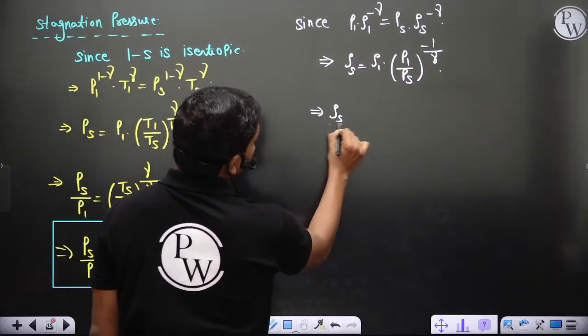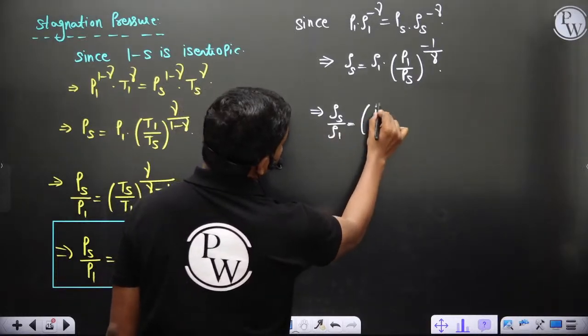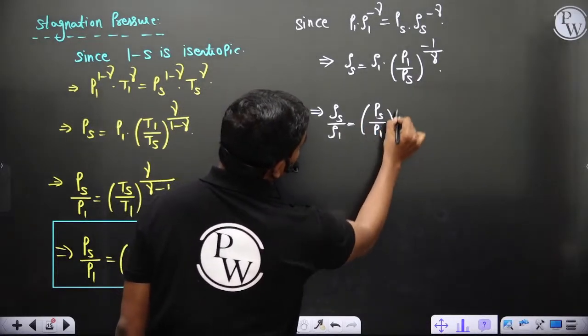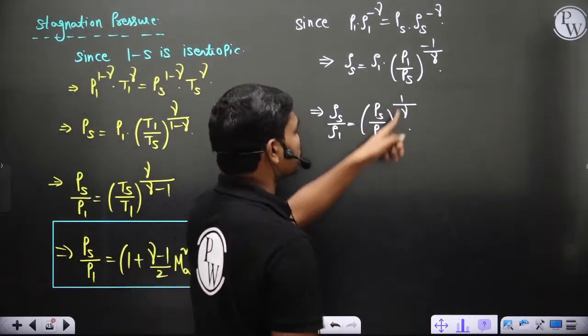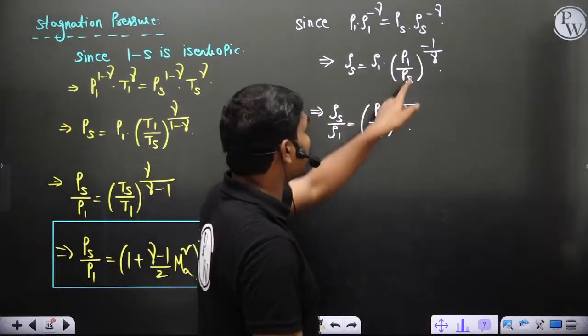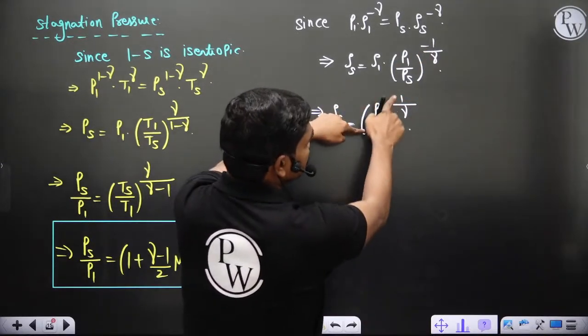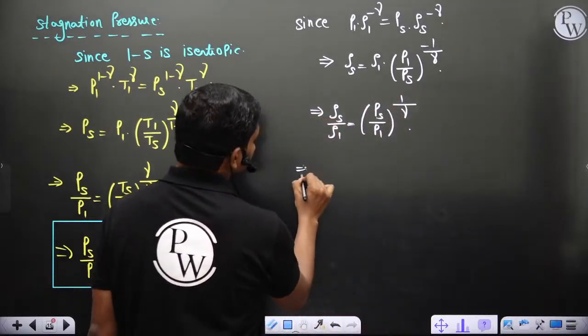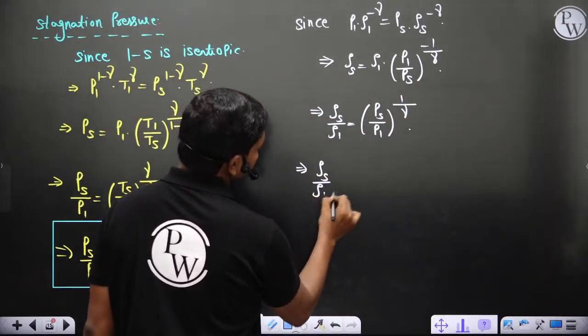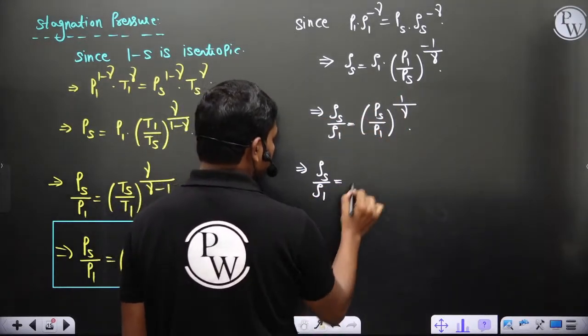Rho S by rho 1 can be taken as (PS by P1) whole power 1 by gamma, because if you want to eliminate this minus sign, A inverse is 1 by A, so if I flip this then I can put it as a positive sign. So rho S by rho 1, these are the stagnation properties. What is PS by P1?